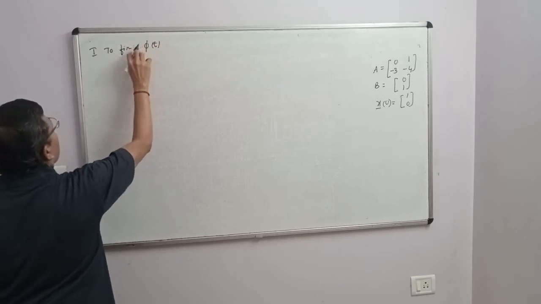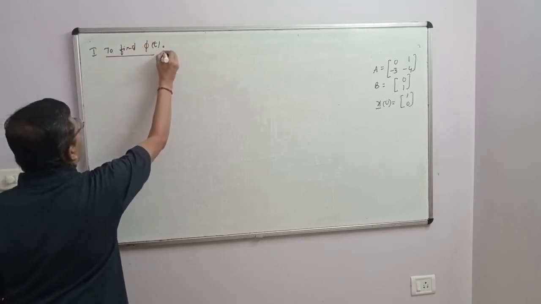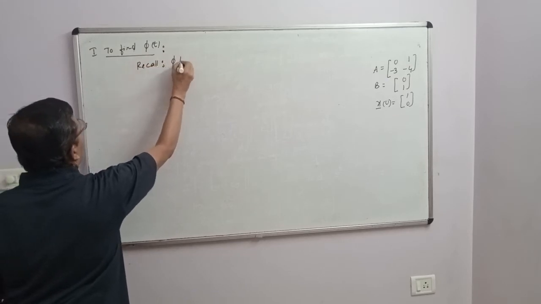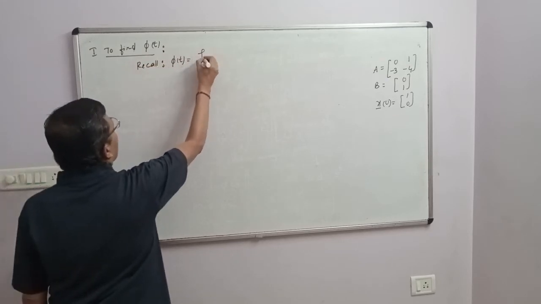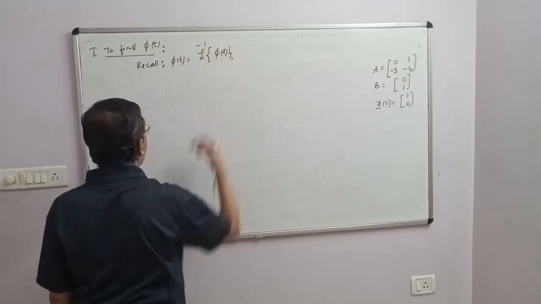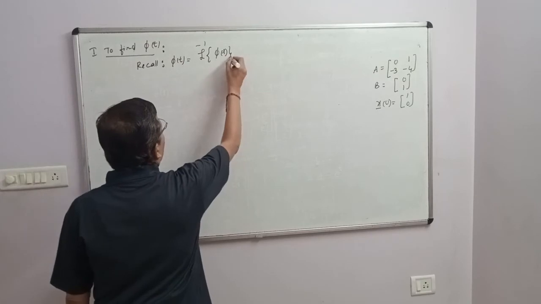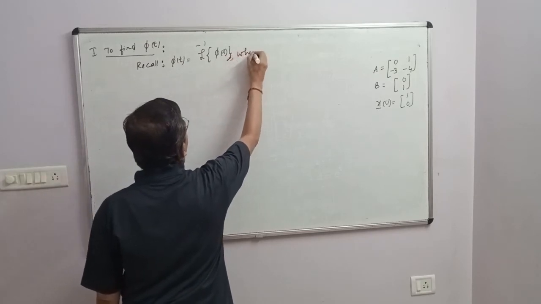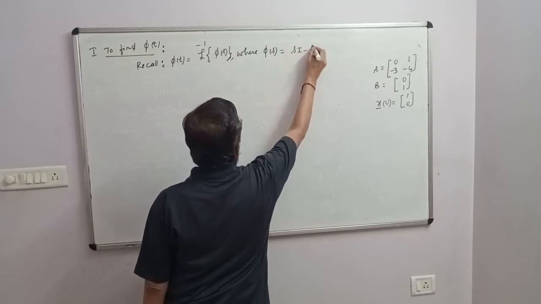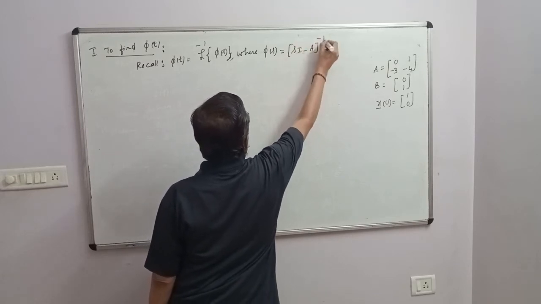Phi of t is state transition matrix. Recall, phi of t is equal to Laplace inverse of phi of s, where phi of s equals sI minus A inverse.